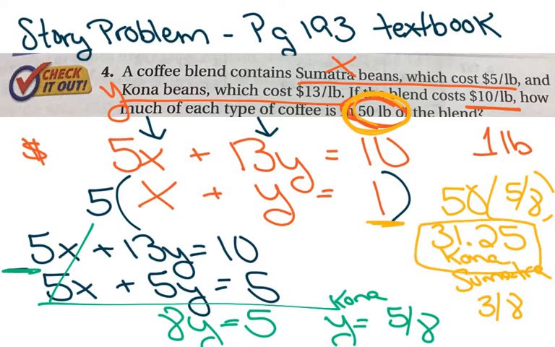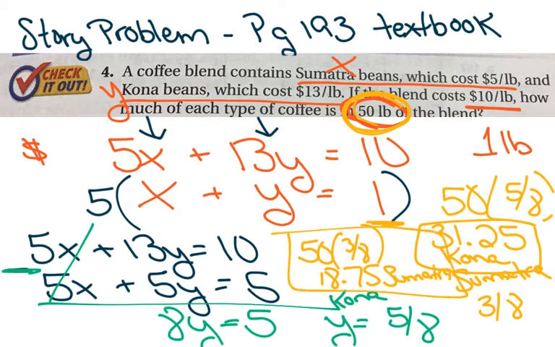Versus if I do 50 times 3/8, then that would give us 18.75 of our Sumatra. Okay. So again, we just got to be careful on there. We want to start with the 1 pound because we know the cost per pound. We know that each pound is a blend of the 2 different kinds. And then once we find x and y, we can project it to a larger bag of coffee.